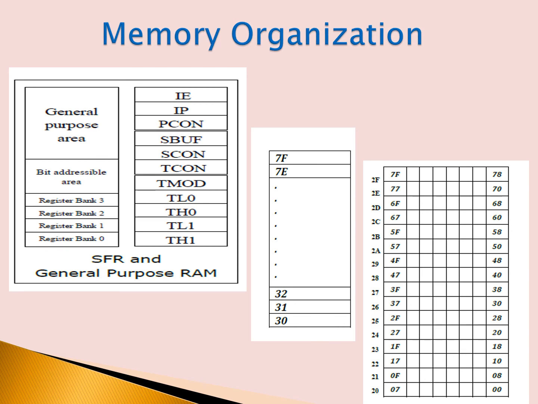Now let us see the register set. The 8051 microcontroller consists of 256 bytes of RAM memory, which is further divided into 128 bytes for general purpose register and 128 bytes for special function register. The memory which is used for general purpose is called RAM memory.